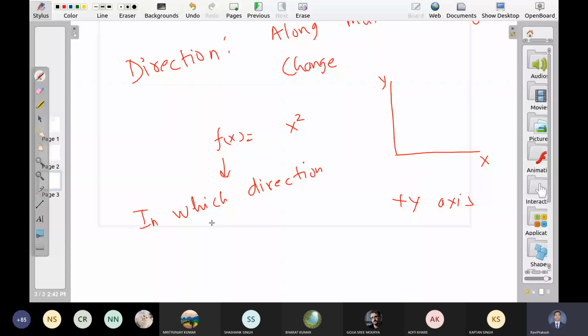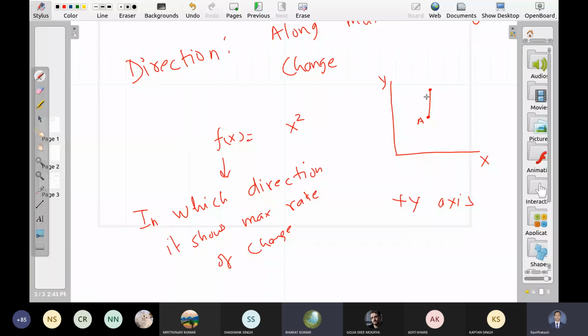So let us say I travel 1 millimeter in various direction. किस डायरेक्शन में 1 मिलीमीटर चलने पे मैक्सिमम चेंज आएगा? So let us say I am here. If I go along y axis, what is the change? मैं पॉइंट A से पॉइंट B गया along y axis.